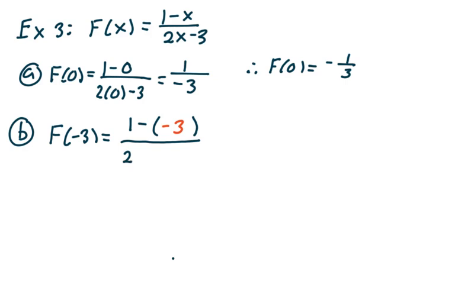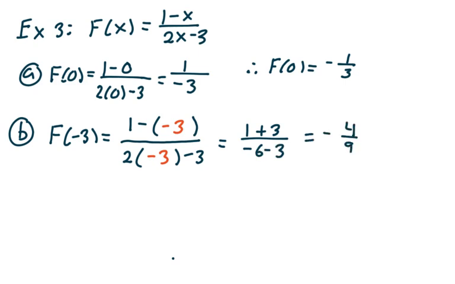And I'm going to divide by 2 times negative 3, and then I'm going to subtract 3. So this is 1 plus 3 divided by negative 6 minus 3, which is negative 4/9. So therefore, f of negative 3 is negative 4/9. That's B.